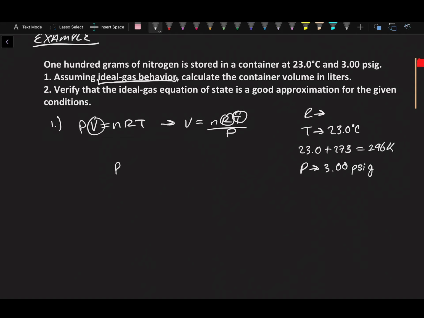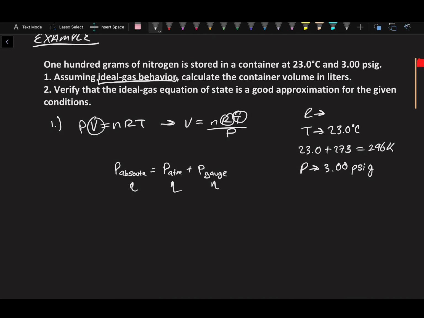P absolute equals P atmospheric plus P gauge. We have this and we need this. So what is this? Well, P atmospheric is usually 1 atmosphere, 760 millimeters of mercury, or 14.7 psia.